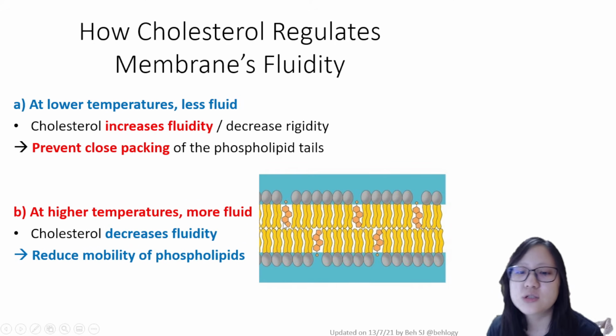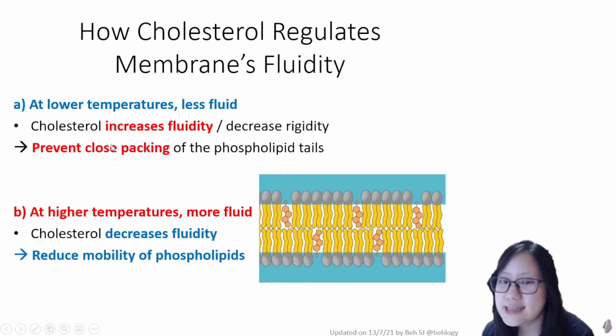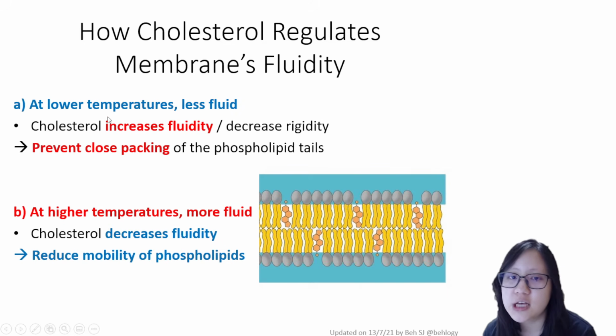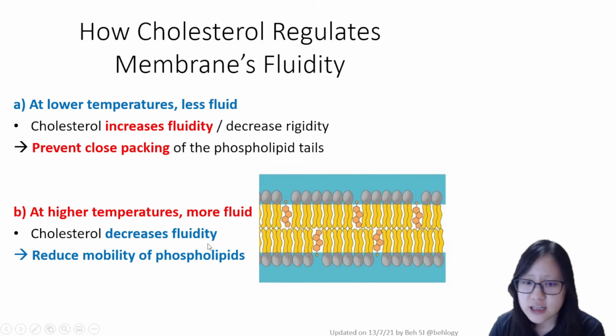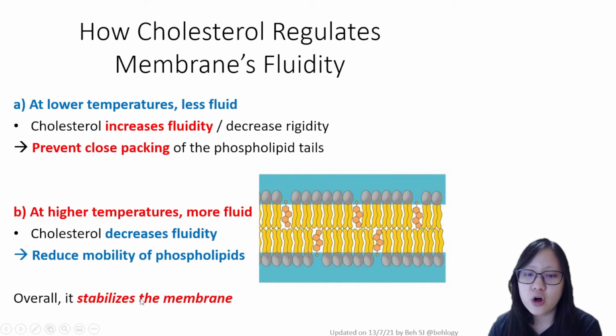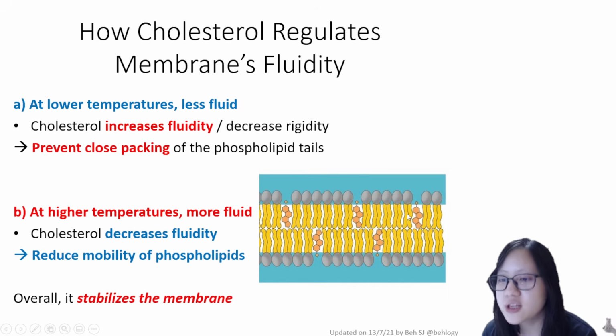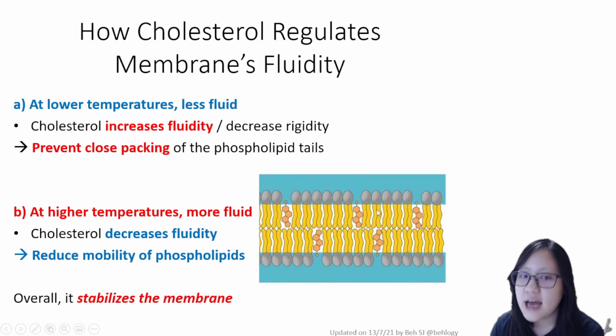And therefore, this decreases fluidity. So cholesterol basically has different regulation functions during high temperatures and low temperatures. Slightly different explanation, but overall, it stabilizes the membrane and regulates membrane fluidity, whether the temperature is high or low.